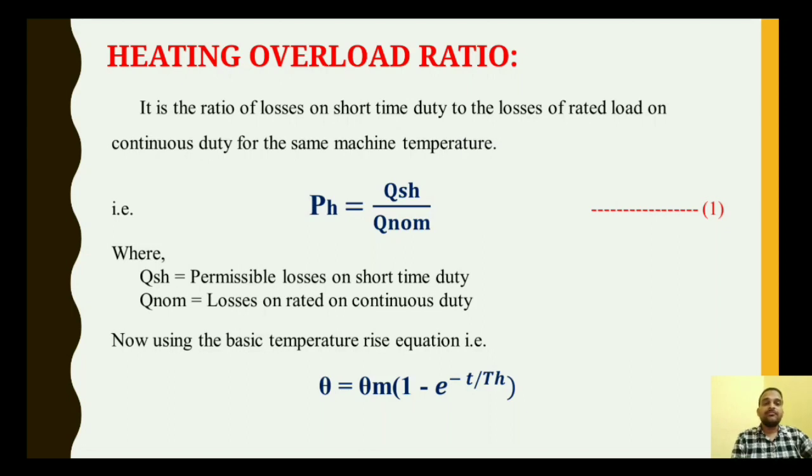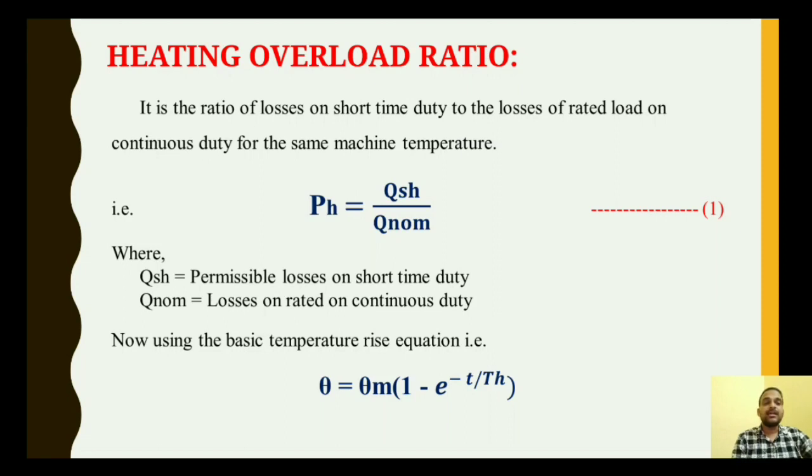Now moving forward, using the basic temperature rise equation, as we derived in the previous lecture, theta equals theta m in bracket 1 minus e to the power minus t upon Th, where theta represents the overall temperature of the machine, and theta m represents the maximum permissible temperature of the machine.